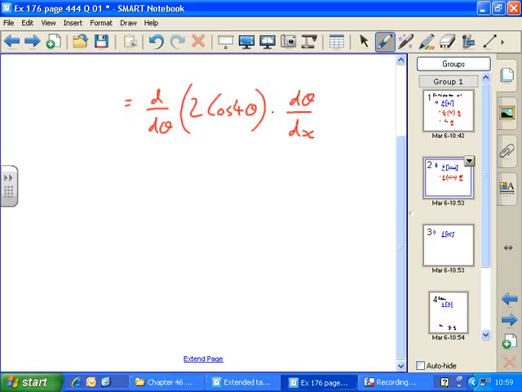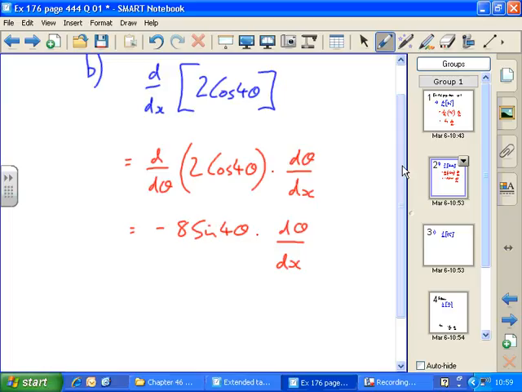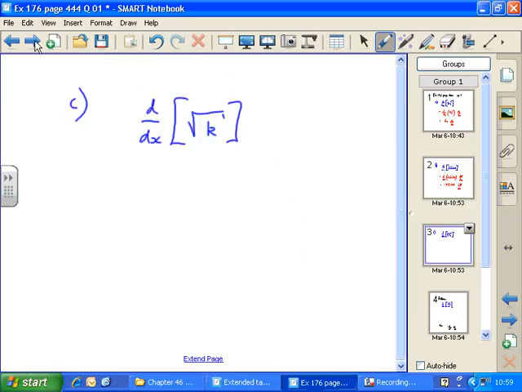So differentiating the function with respect to theta, cos becomes minus sine, and the 4 comes out, so it becomes minus 8 sine 4 theta times d theta by dx. So quite straightforward. Just differentiate in terms of the function inside what you've got, and then multiply by the differential of that new function with respect to x, or the original function with respect to x.